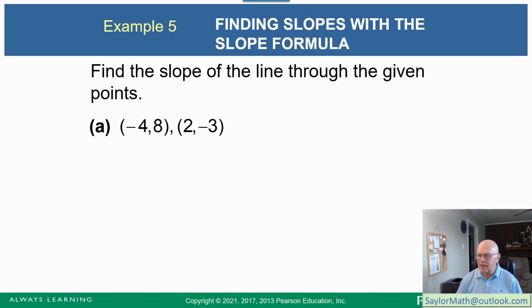So let's take a look at this. What's the slope of the line that goes through those given points? Now what I'm going to do is I'm going to call this point 1, and I'm going to call this point 2. So if I were traveling, let's put me here. I'm traveling from point P1 to point 2.